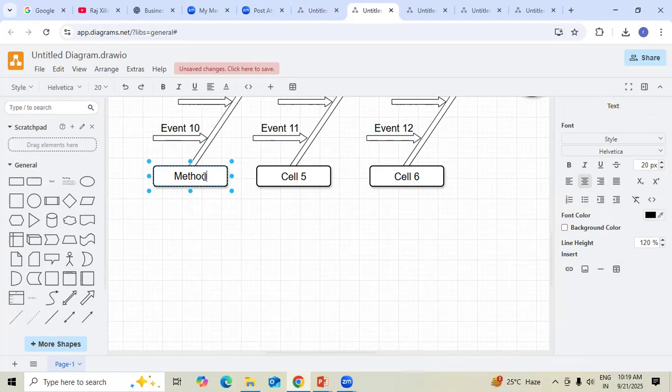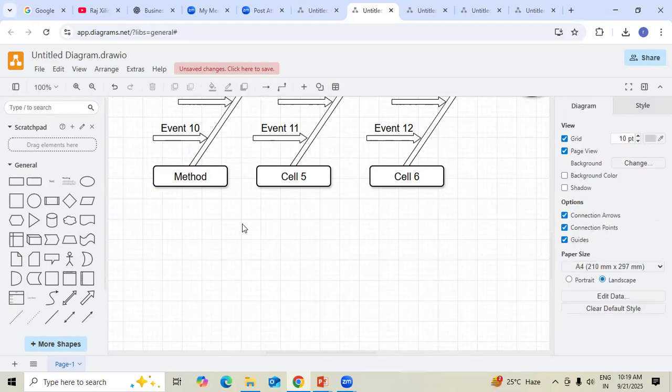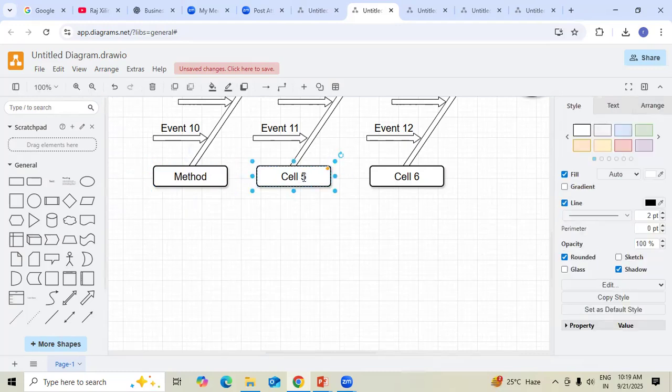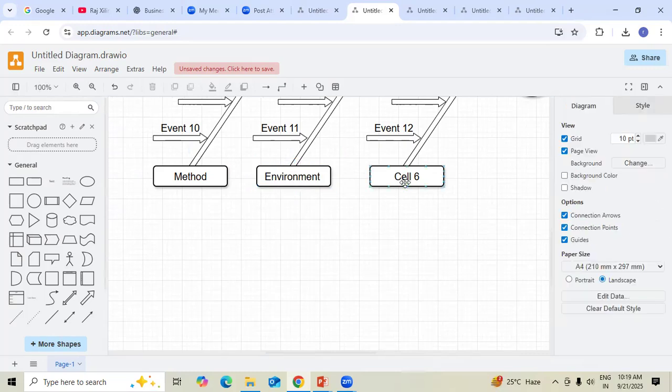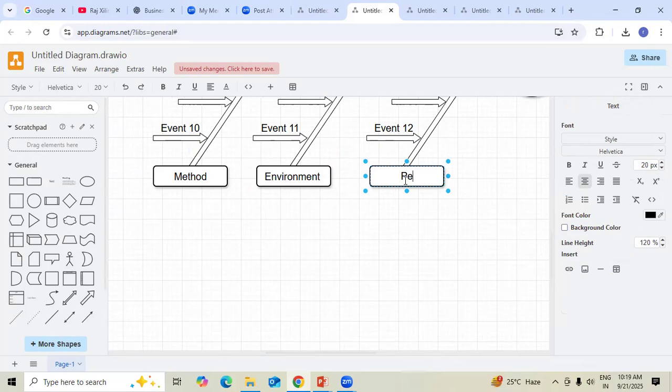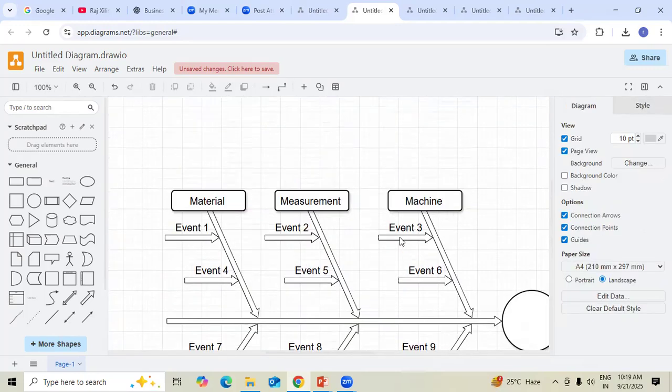Method should be updated here. Next, environment, which I have mentioned last, needs to be mentioned too. Next, people. Who are all the people that are involved? All these things we need to know.